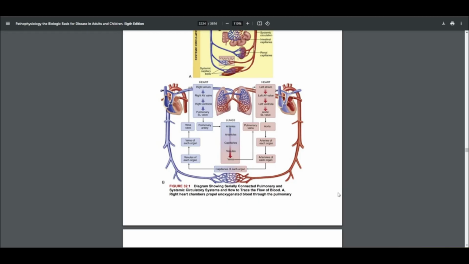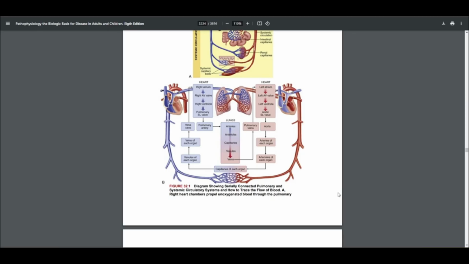Then that left AV valve, which separates our atrium and the ventricle, to finally the left ventricle, where it gives that final squeeze through the aortic SL valve and delivers that blood into the aorta, into the arteries of each system of the body, where the arterioles of each organ then carry that oxygenated blood into the capillaries of each organ.